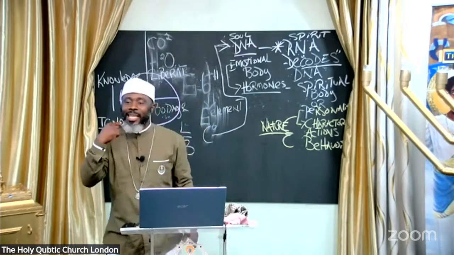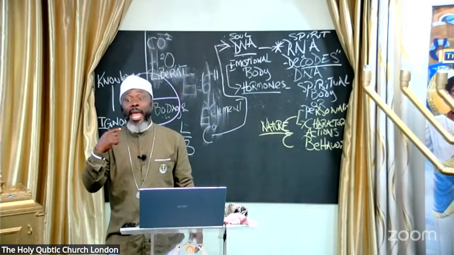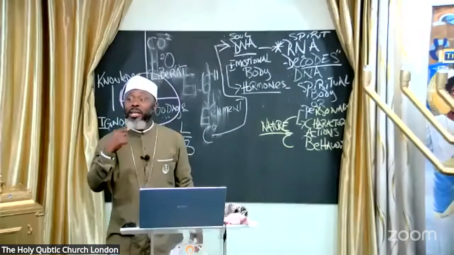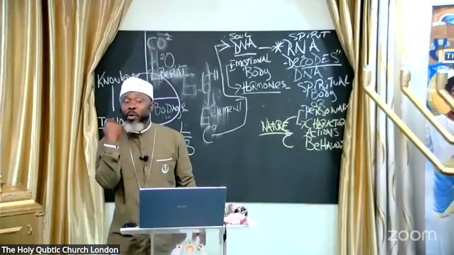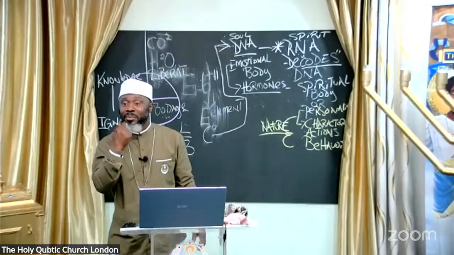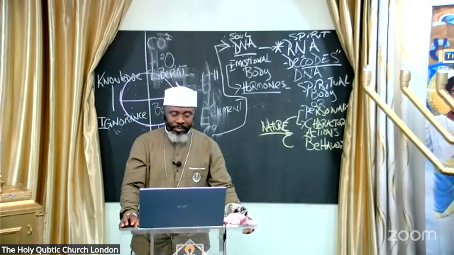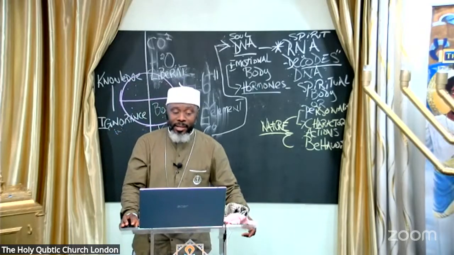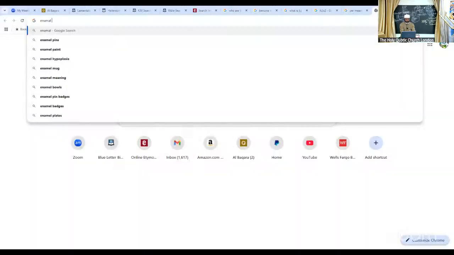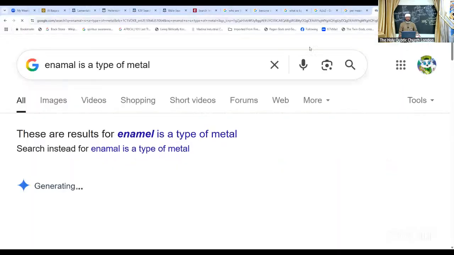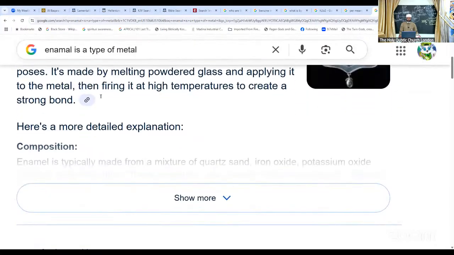What's in the teeth? Calcium. Enamel. Your teeth are made out of what element? Calcium and phosphorus. What is enamel? The outer coating. Glazing. Outer coating made of what? Calcium.